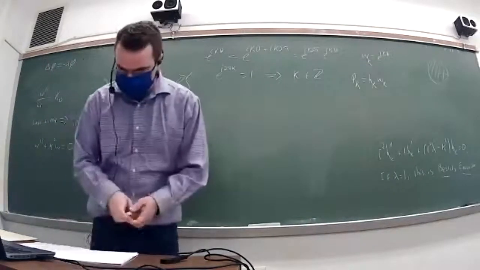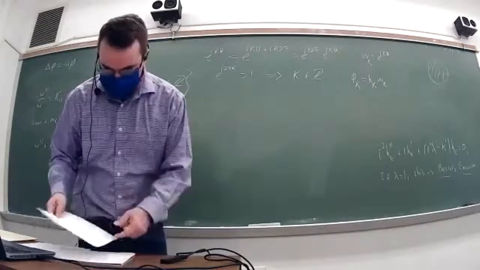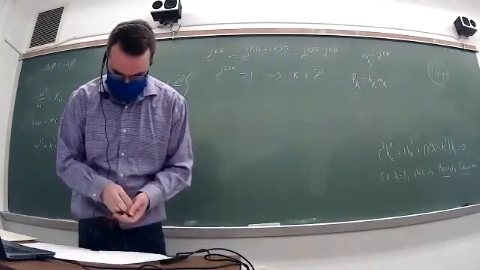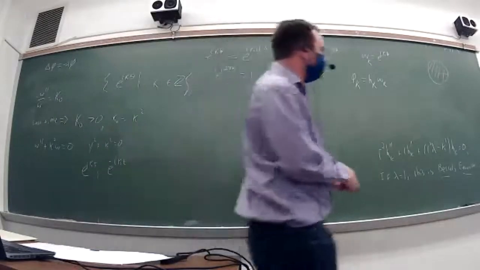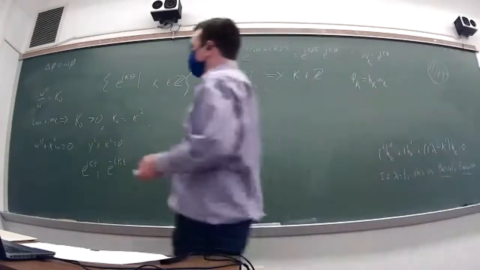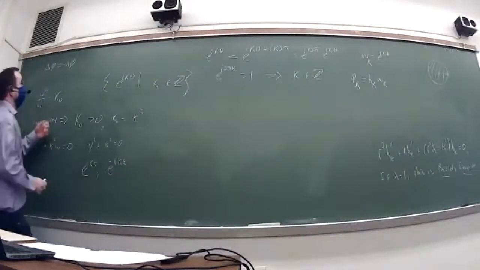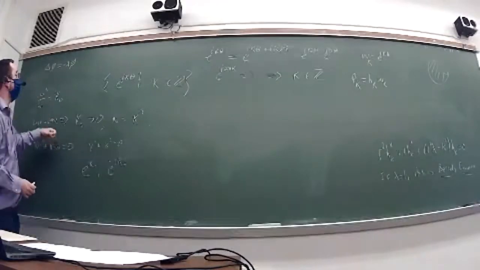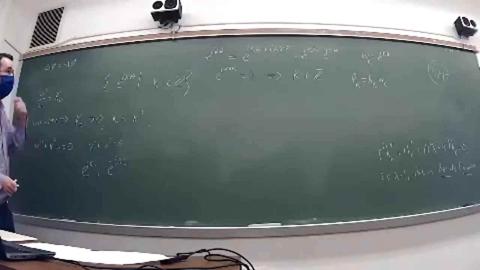But I actually want to speak first about lambda. Lambda is the eigenvalue here. Back when we only had one space variable, we could do an argument to show that lambda had to be positive.